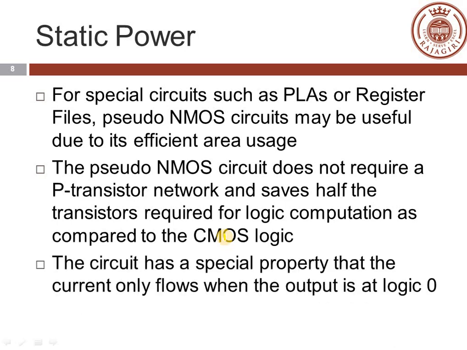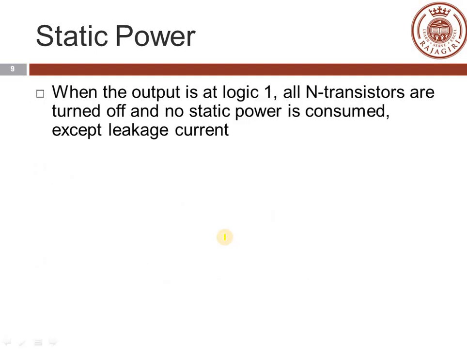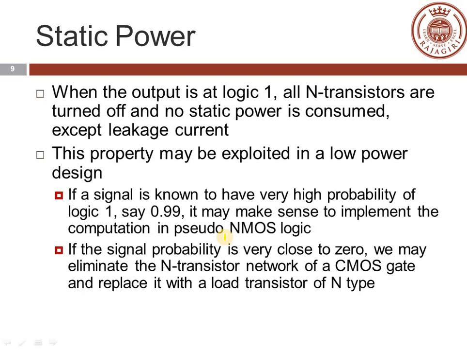The circuit has a special property that current only flows when the output is at logic 0. When the output is at logic 1, all N transistors are turned off and no static power is consumed except the leakage current. So this property may be exploited in a low power design.